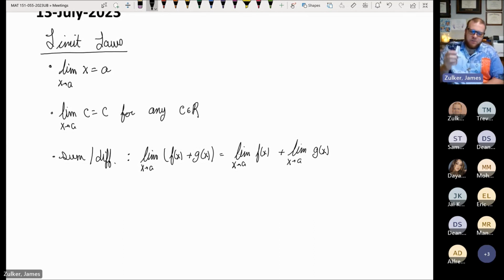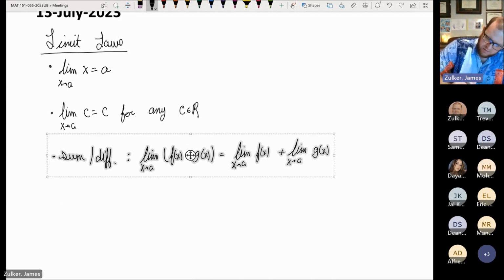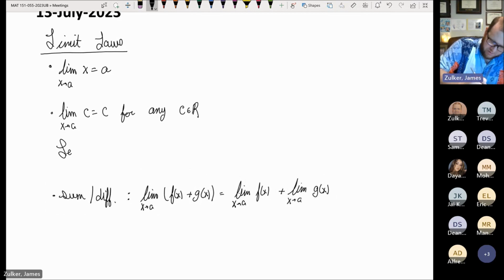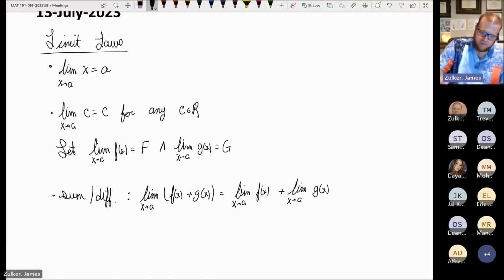I don't think I need more than two functions, so this will be fine. So we're assuming that both limits actually exist.